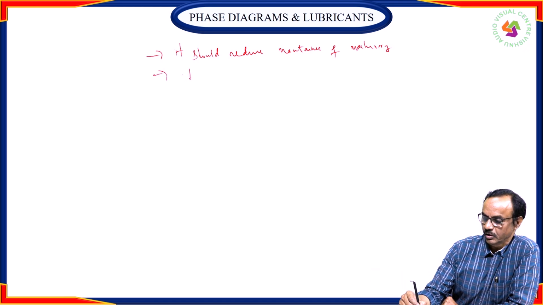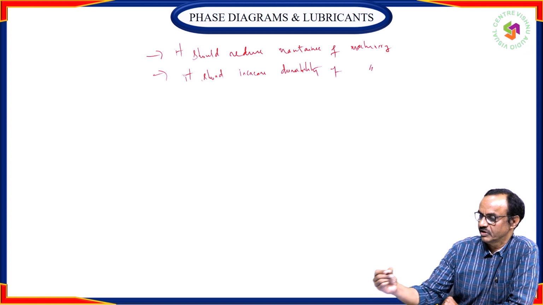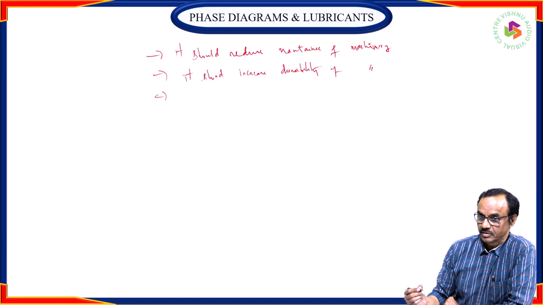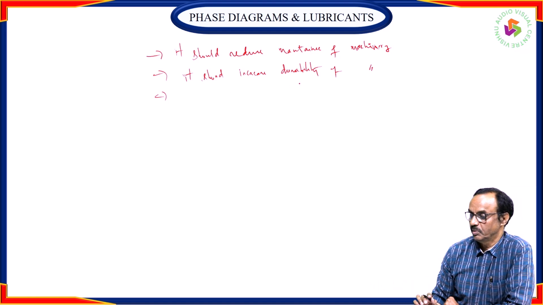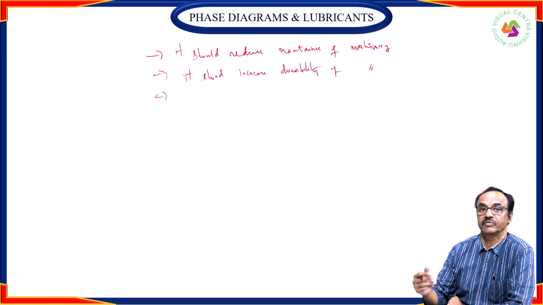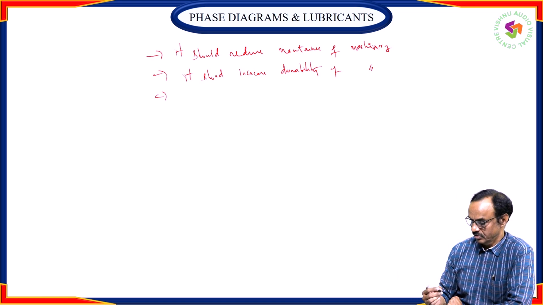It should increase durability of machinery, right? And low maintenance. It should reduce maintenance, already there. So it should increase the durability of machinery. Like that, so many points are there. Mainly, the very important points are five. You can include any other extra points of view.